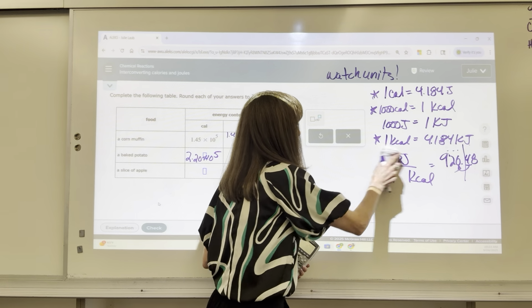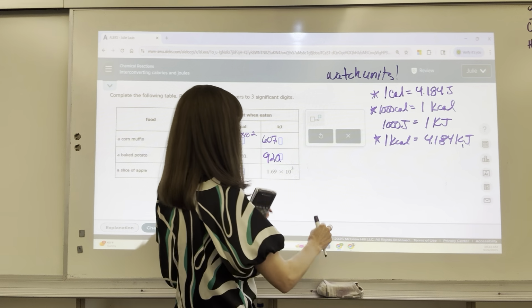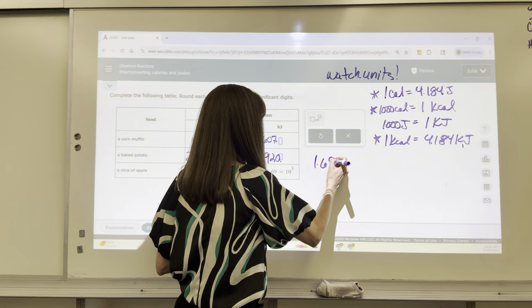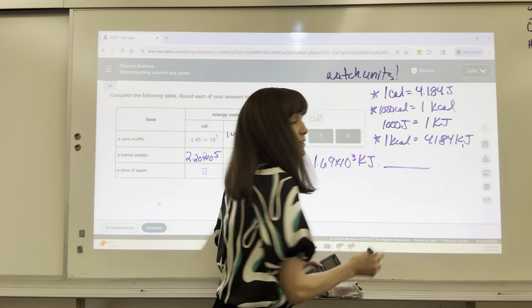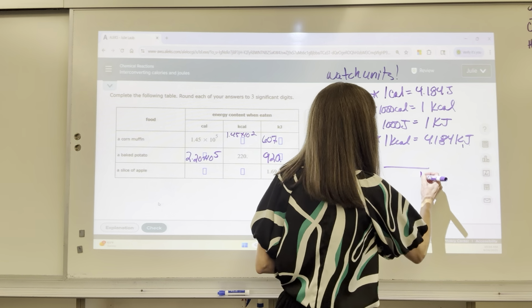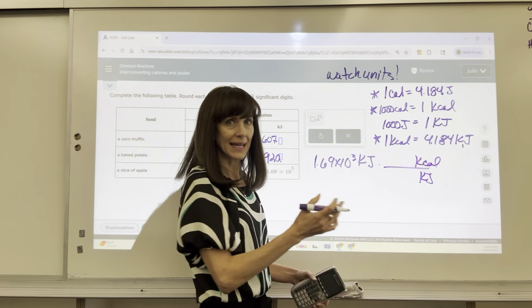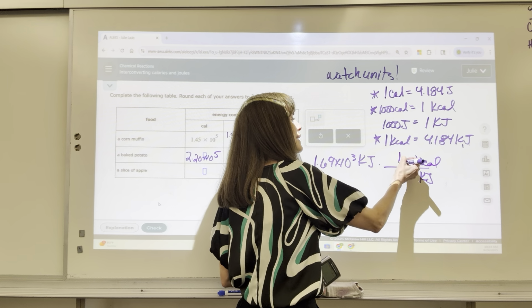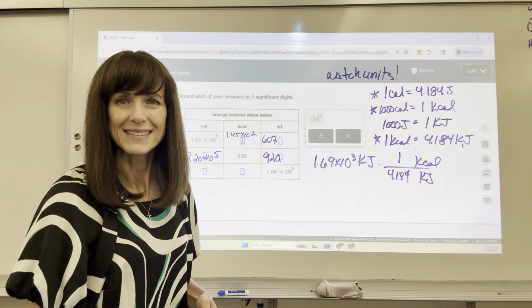Okay, our last one. We're going to take the kilojoules and go back to kilocalories. I have 1.69 times 10 to the 3 kilojoules. All right, I want to get rid of kilojoules. Where does it go? In the denominator, the opposite side, so that it cancels. And I want to end with kilocalories. Attach my numbers. 1 kilocalorie is 4.184. So mathematically, what do I do with this?